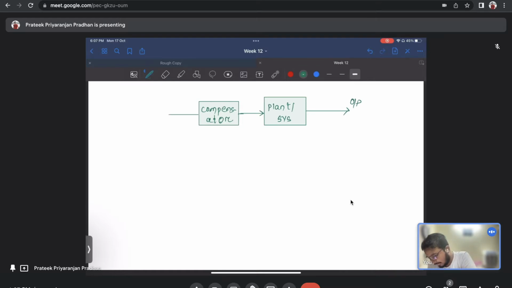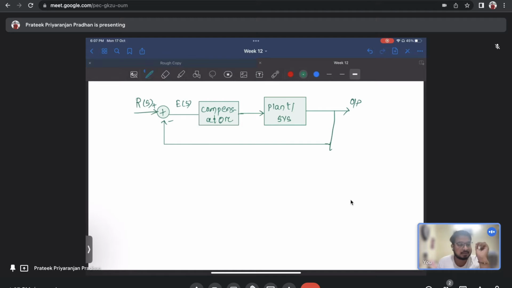Then there is some reference signal R of S, and this output is fed back, and this is the error E of S. This is the basic structural diagram of a closed loop compensated system.